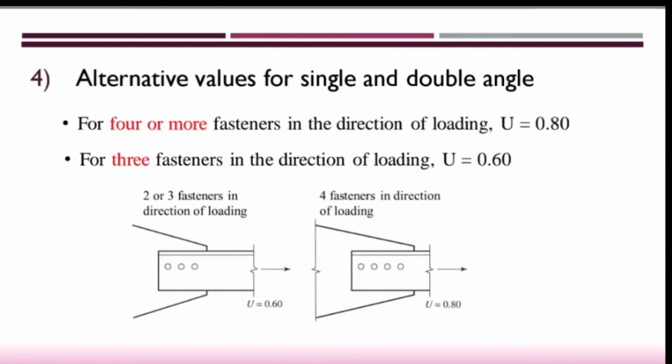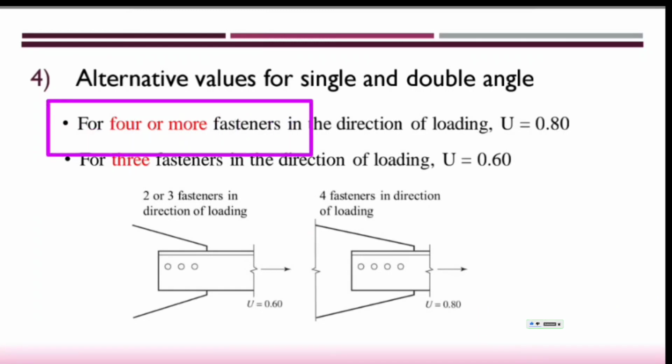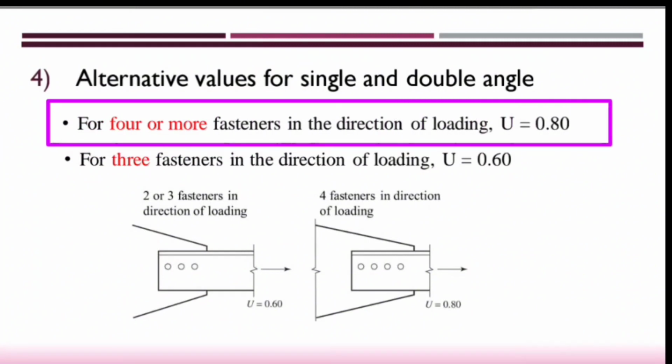And the fourth category, for finding the reduction factor, we will be using the alternative values for single and double angles only. So for this it depends on the number of fasteners. If there are 4 or more fasteners in the direction of loading, then we will be using the reduction factor U equal to 0.80.